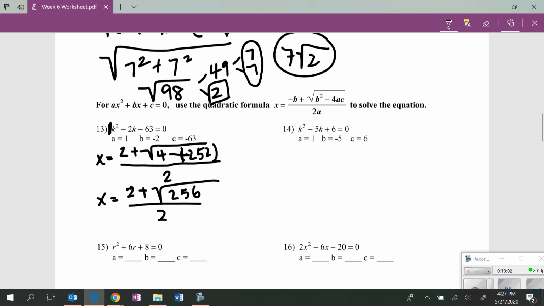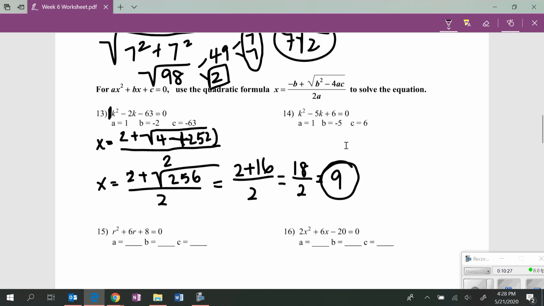And that is if I take the square root of 256, it's 16. So I'm going to go over here, 2 plus 16 over 2. 2 plus 16 is 18. 18 divided by 2 is 9. And that would be your x value, okay?